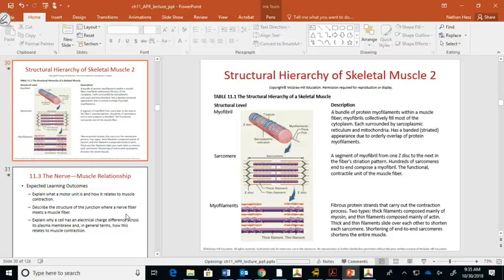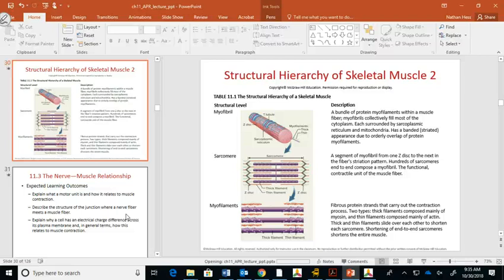If I zoom in even more, then I've got a sarcomere, the functional contractile unit. Hundreds of sarcomeres end to end compose a myofibril. Remember, it's from Z disc or Z line to Z line. That is your sarcomere.